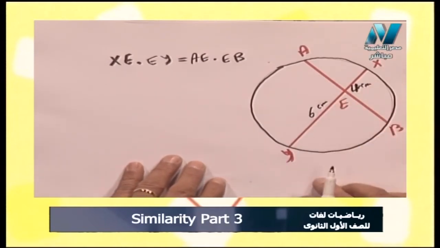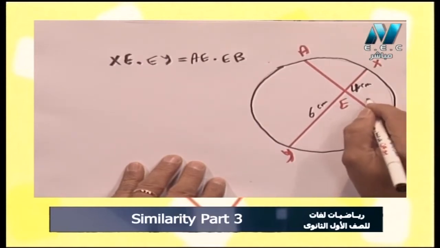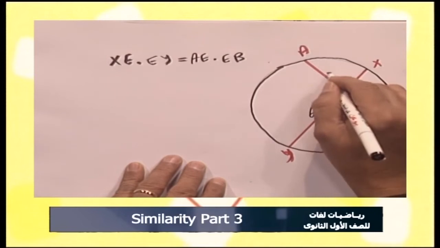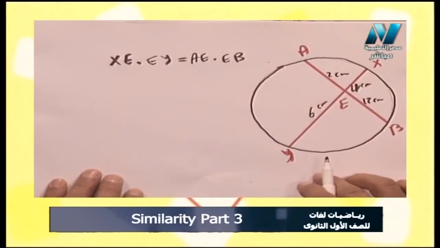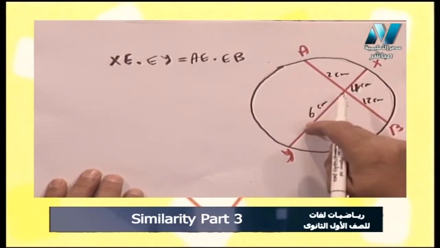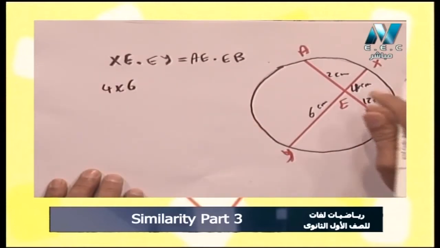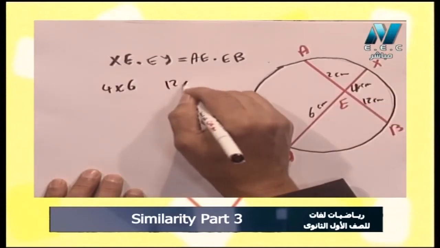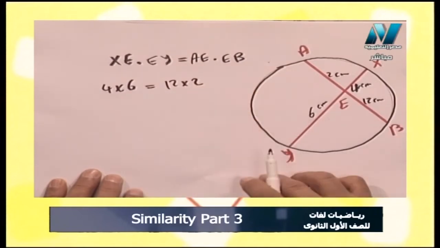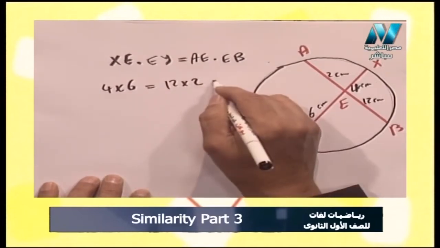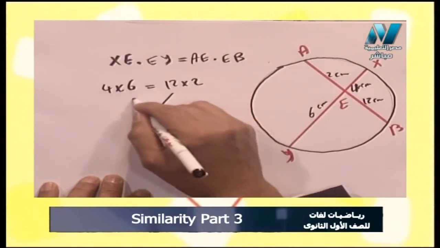EB will be 12 centimeters and this is 2 centimeters. If you multiply 4 times 6 here and multiply 12 times 2, they will be equal because all of them equal 24.